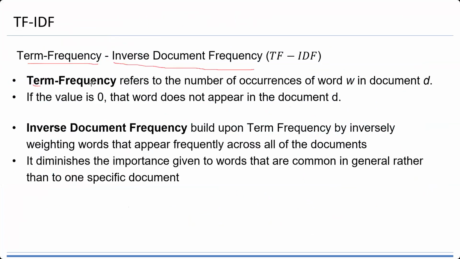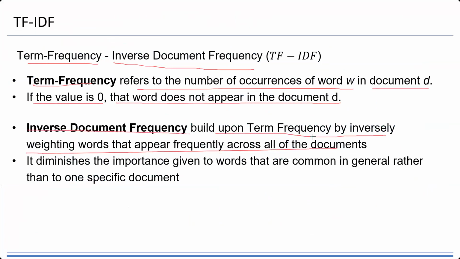Term frequency refers to the number of occurrences of word W in document D. If the value is 0, then it means the word does not appear in the document D. And we have the inverse document frequency. The inverse document frequency builds upon the term frequency by inversely weighting words that appear frequently across all documents.